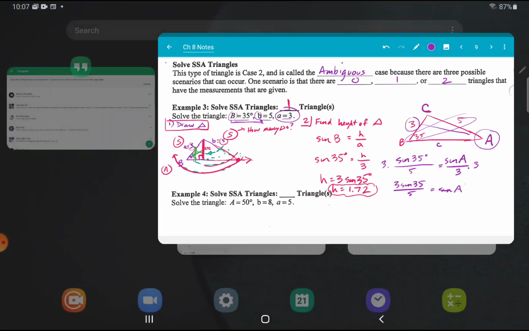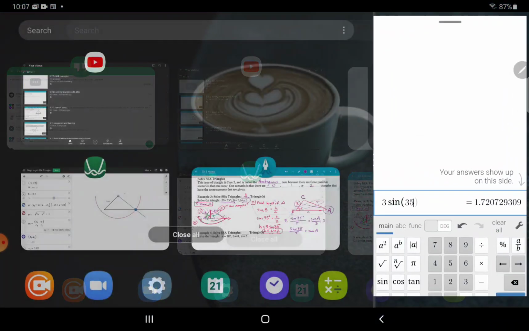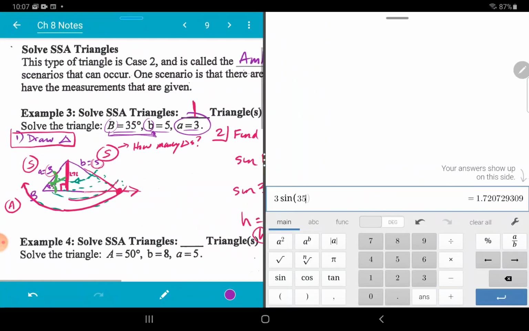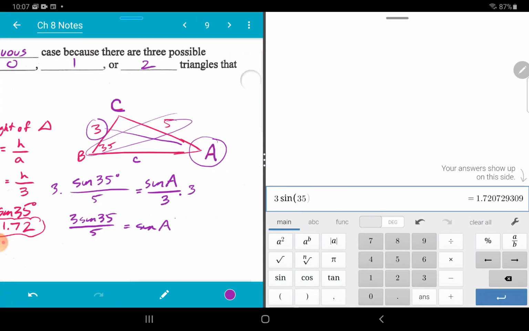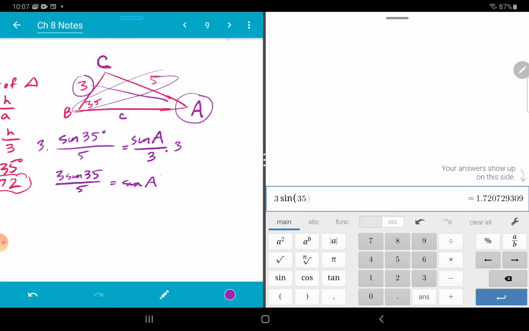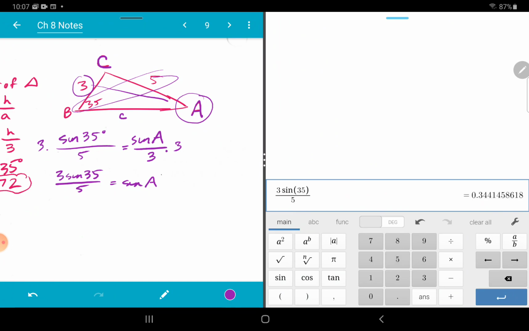I'm going to go ahead and open up my calculator again. So I have 3 sine 35, and all that is going to be divided by 5. That's 0.34. Now keep in mind that I don't want to just use the approximated value, I want to use the actual value.